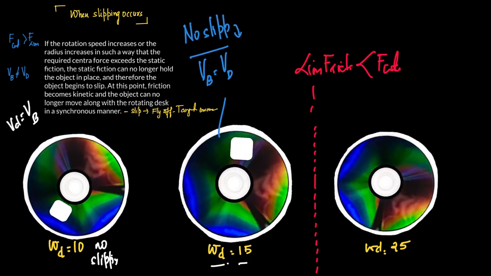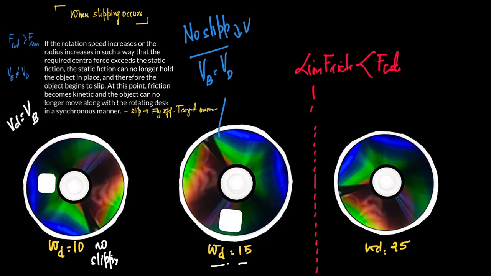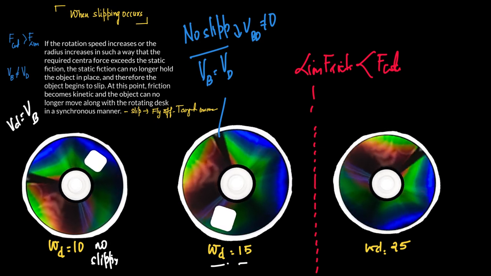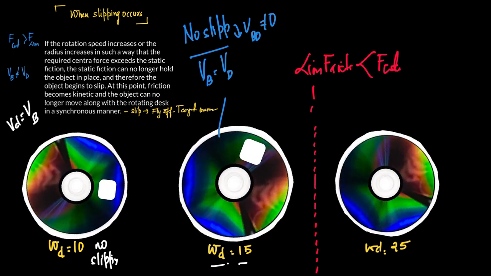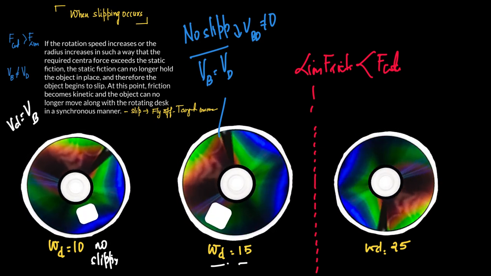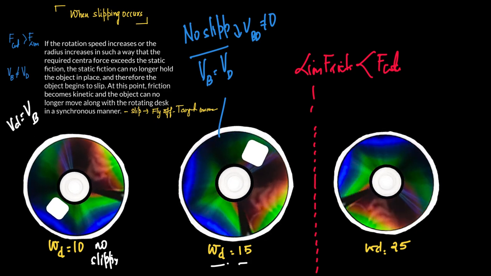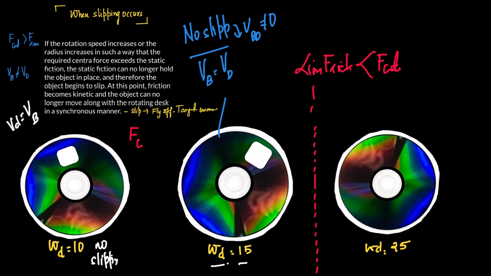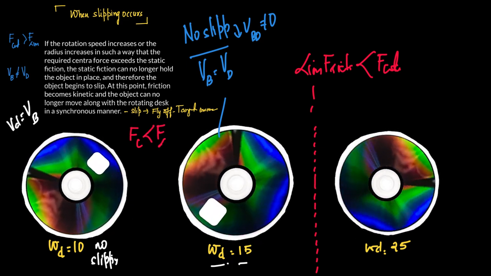Why? Because slipping motion means the relative velocity should not be equal to 0. Here the relative velocity is equal to 0. So far in this condition, we can say that the F centripetal is less than the limiting friction.